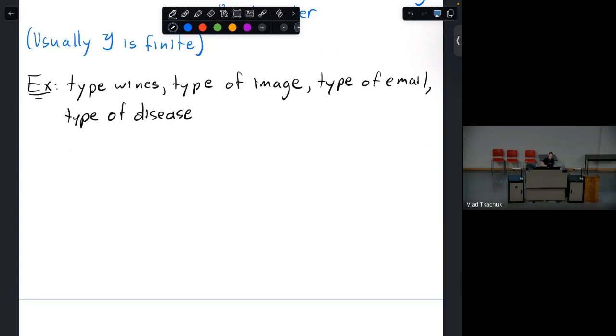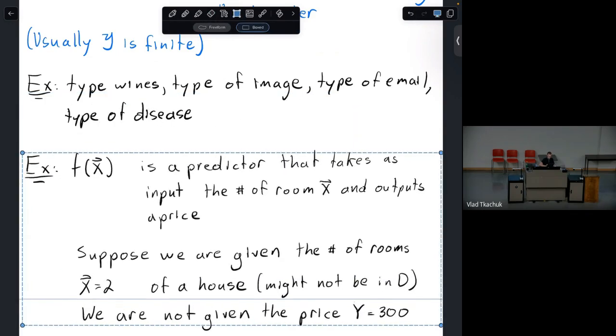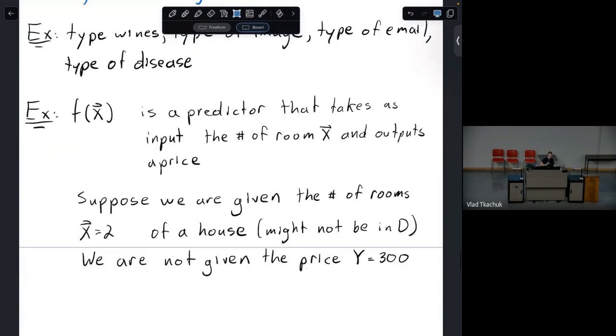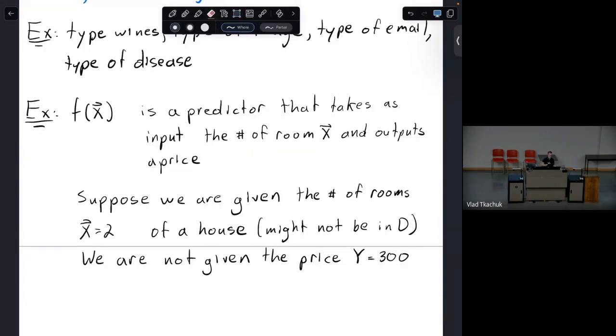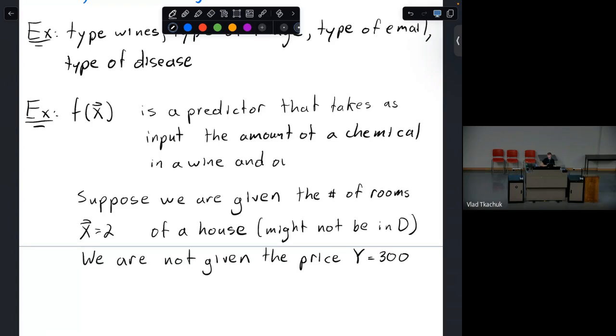Okay, so now I do the actual example, the slightly longer version. Let's do a longer example, and we do the same format as before. But now we think of f as not a predictor for houses. We're going to take that it takes as input the amount of a chemical in a wine and outputs the type of wine.